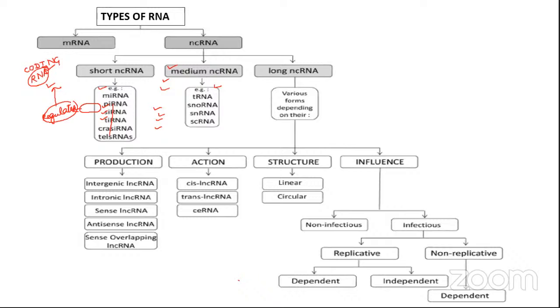In the long non-coding RNA, there are various forms depending on their production, their action, their structure, and what kind of influence they have. Like intergenic, intronic, sense, antisense, cis, trans, and linear, circular based on their shape and influence. They are non-infectious or infectious, depending on which kind of elements they have, replicative, non-replicative, dependent, independent, like that.